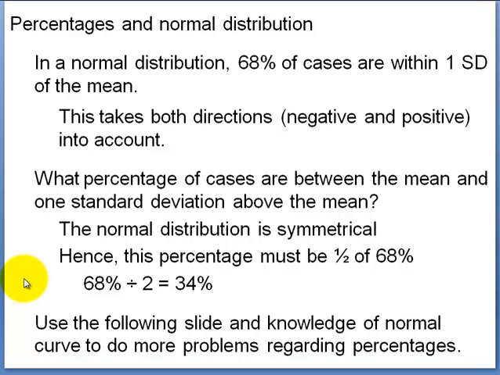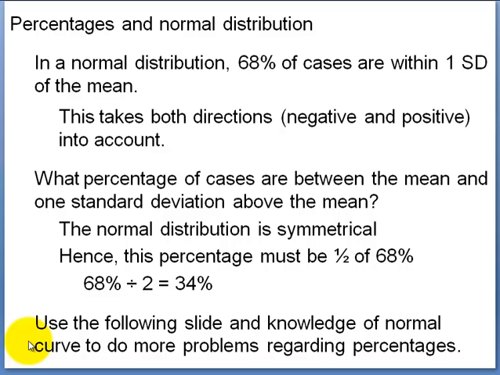If we're only considering the positive direction, that is, cases above the mean, it must be the case that the percentage is 1/2 of 68. So dividing 68% by 2 tells us that about 34% of cases in a normal distribution are between the mean and one standard deviation above the mean.